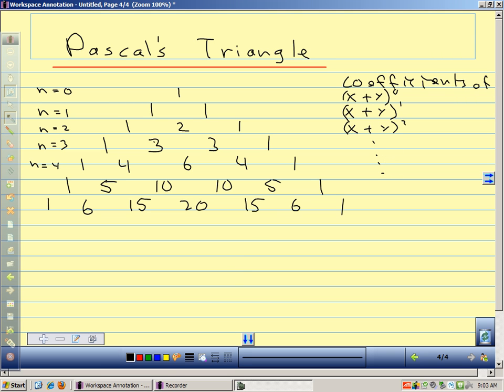Pascal's triangle, there are a lot of things in Pascal's triangle. If you add the numbers in each row, the sum of all the numbers is 2 to the n, where n is this number here. We can find the Fibonacci sequence in Pascal's triangle.